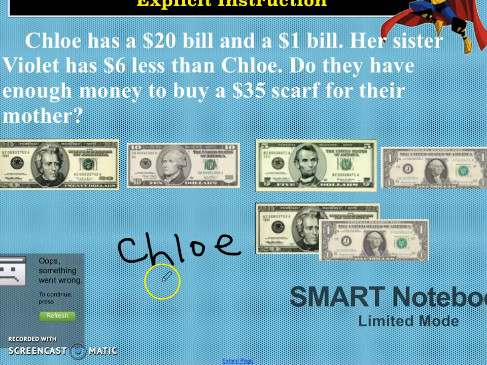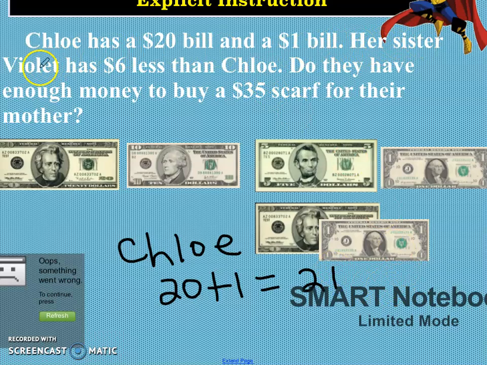So let's add 20 plus 1. So let's count on 20, 21. So how much money does Chloe have? $21. Very good.